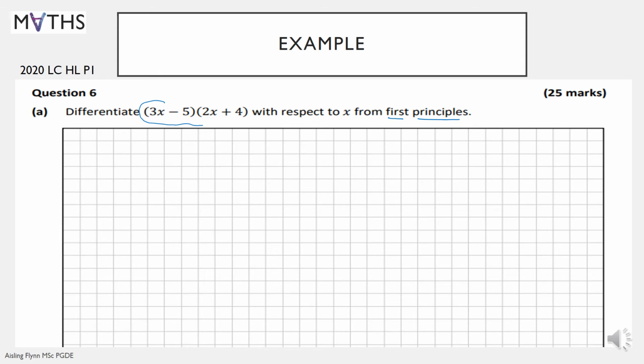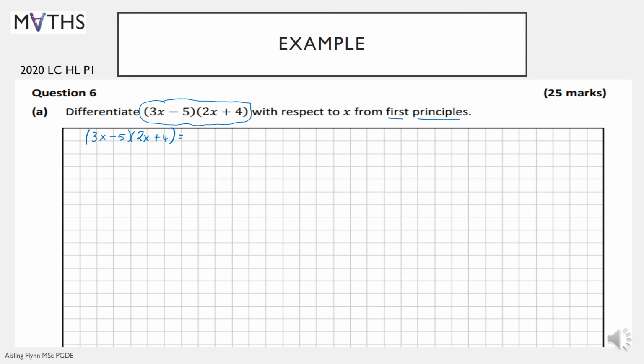Firstly, here's my expression. At first sight, you might be thinking product rule because you have a multiplication, but for first principles I would start by multiplying those two brackets and having one single polynomial. So let's do that first. 3x minus 5 multiplied by 2x plus 4.